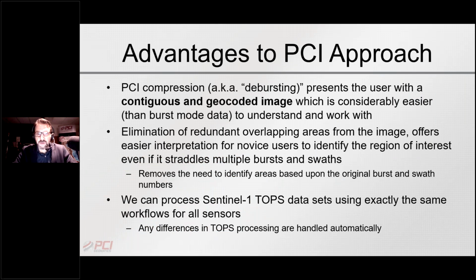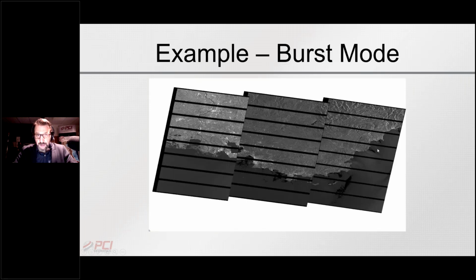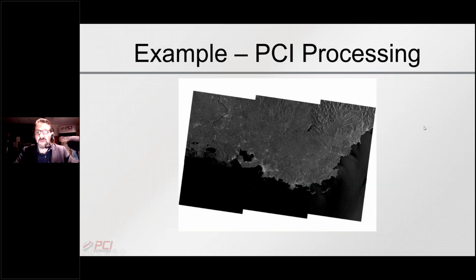So I've already mentioned some of these, so I won't repeat them here. But here's kind of a view of the burst and the SWAs, and you can see that there's actual gaps, but each one of these bursts has overlap along track and across track. So basically, the way that this is handled in our software is we read in all these separate bursts and all these separate SWAs, and we assemble them into a single contiguous file.